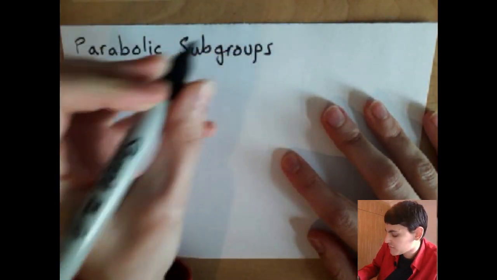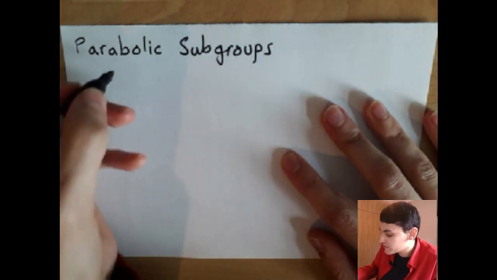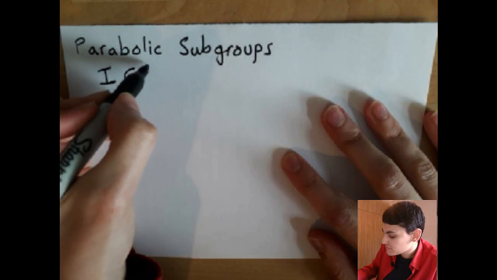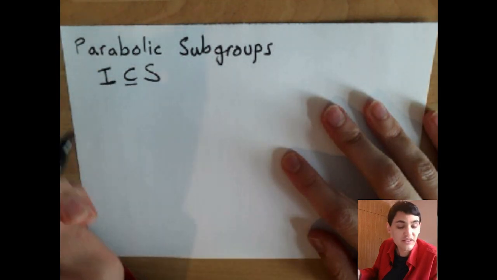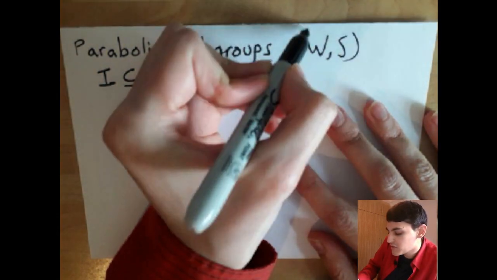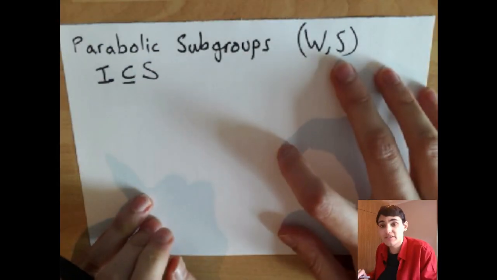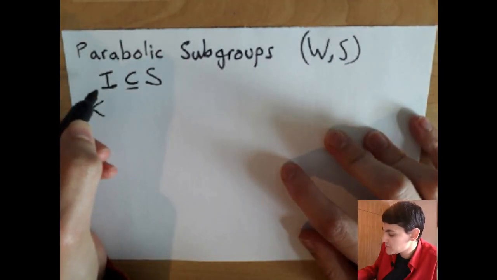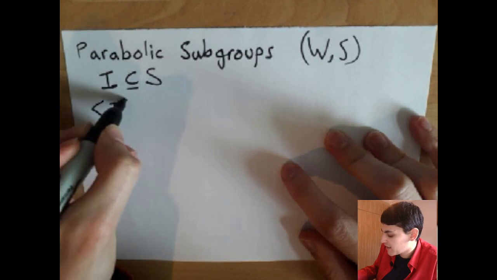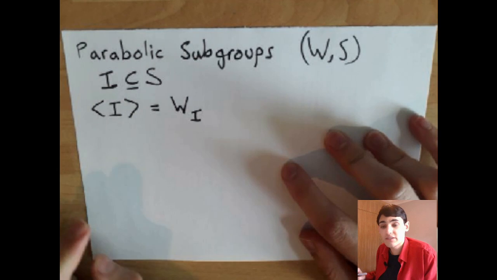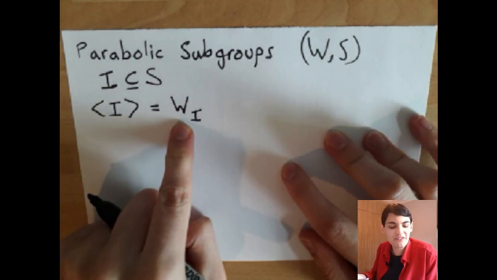These are subgroups generated by I, which is contained in S. So if you've got a Coxeter system (W, S), where S is the generating set, then the group generated by I, and we write it like this, is a parabolic subgroup.